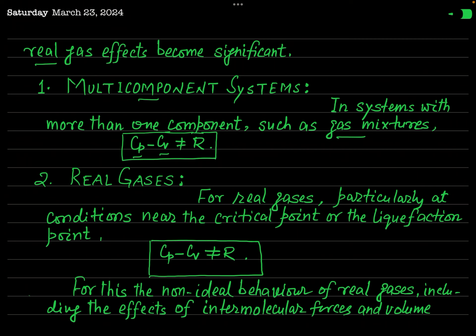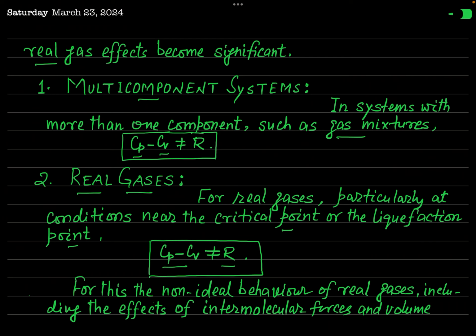Now, another example where this relation does not hold is the system of real gases. Actually, in case of real gases, particularly near the critical point or liquefaction point, it is seen that Cp minus Cv equal to R does not hold, or you can say that Cp minus Cv is not equal to R, particularly in the region of critical point and liquefaction point. Actually, what is the reason behind this?